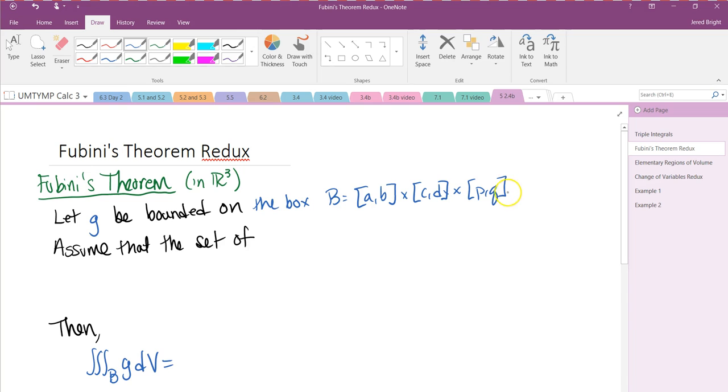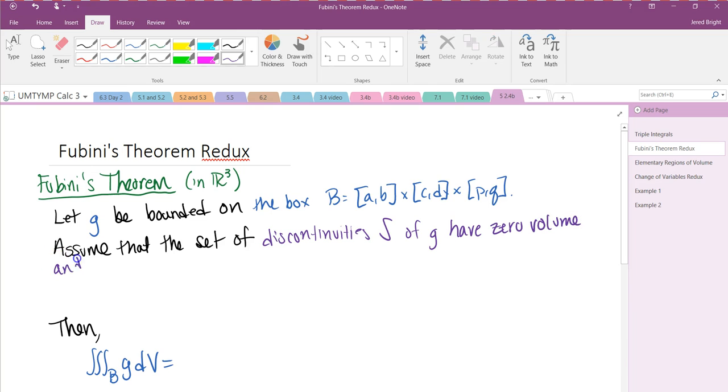And then the other thing that Fubini's theorem needed was that there's this set that you might remember, the set of discontinuities. We call it S of g, and it has to have 0 volume. It was 0 area before, but now that we have a solid, we have 0 volume.